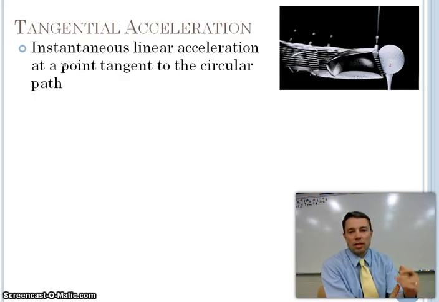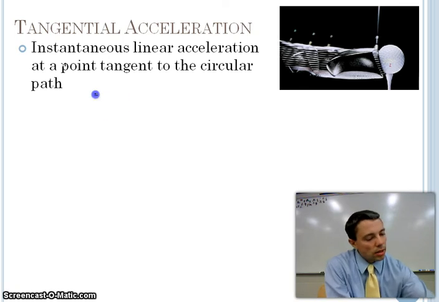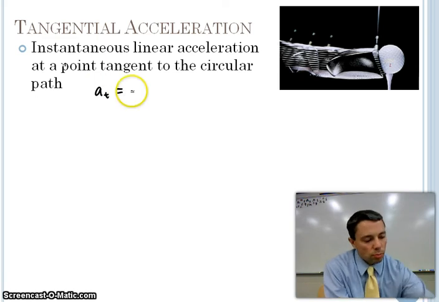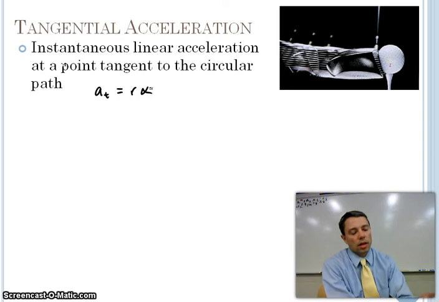It's the instantaneous acceleration at that point tangent to a circle. I'm going to write that out: our tangential acceleration is equivalent to r, but now instead of omega, it's alpha, our angular acceleration. So it's proportional to our angular acceleration.